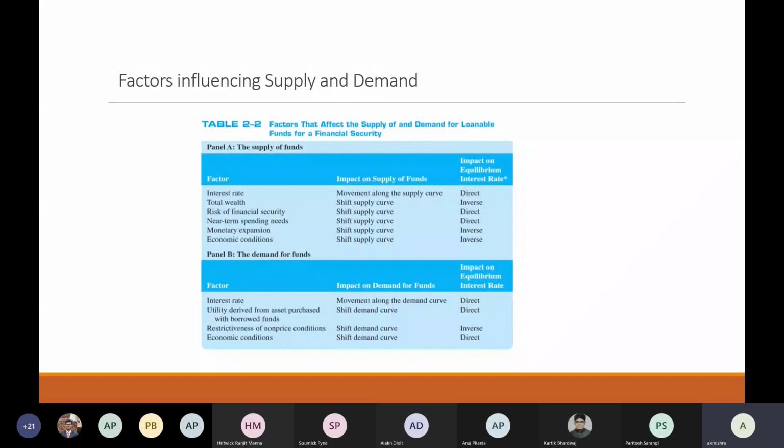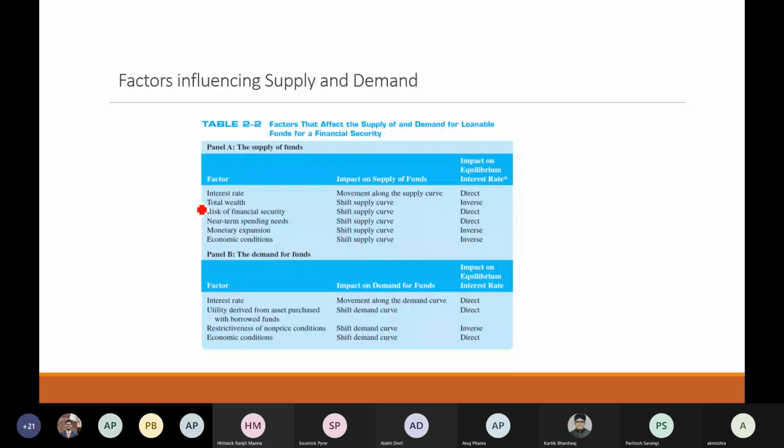Here you can see we have seen how interest rate is directly related with the supply, and in case of demand, because we are talking about loanable fund theory, there is a direct influence of supply and demand.